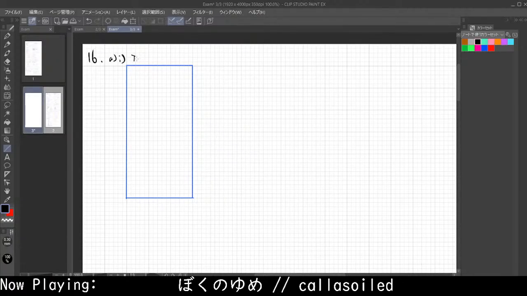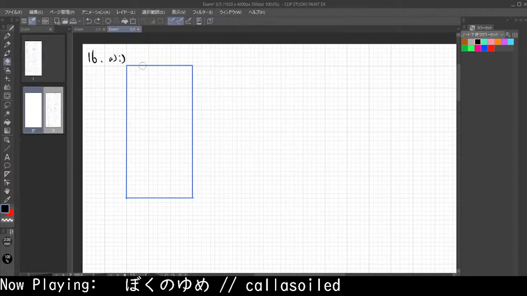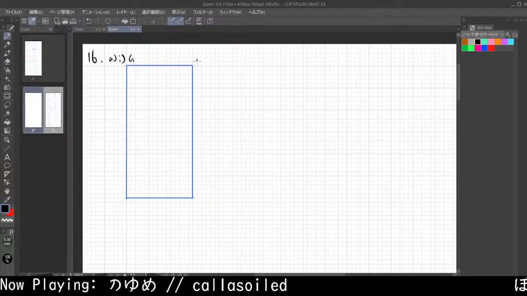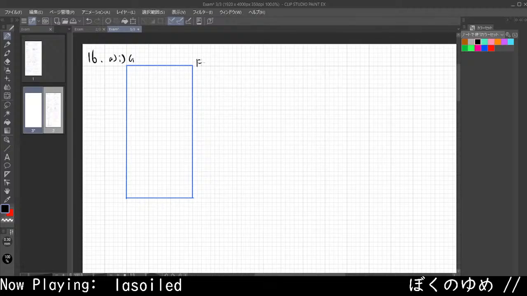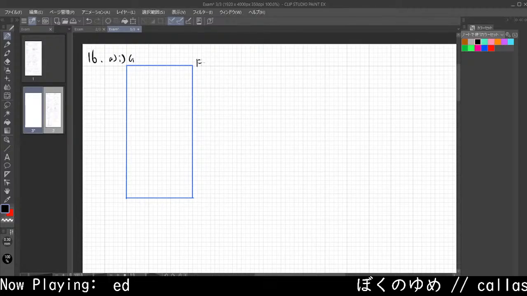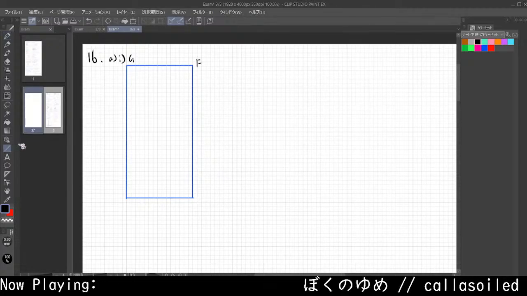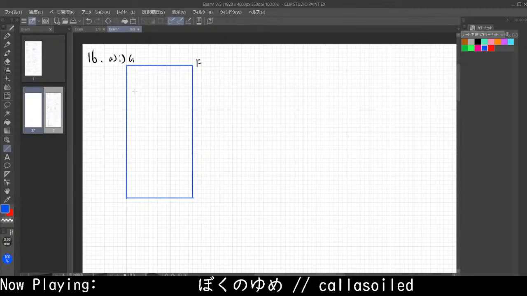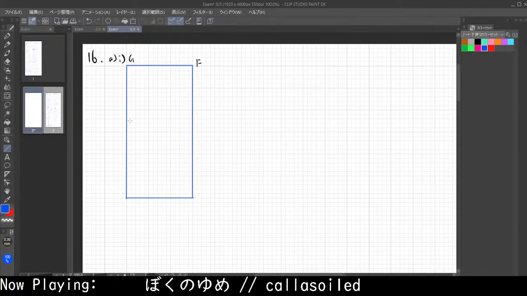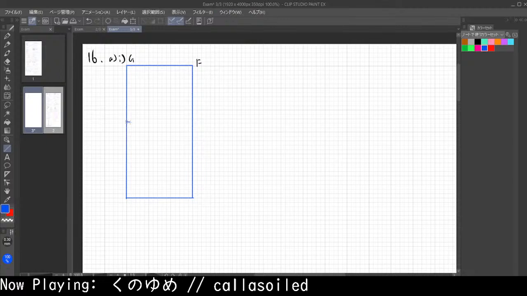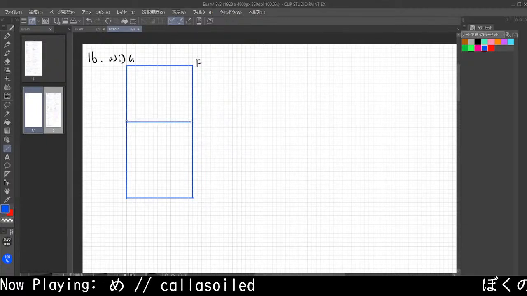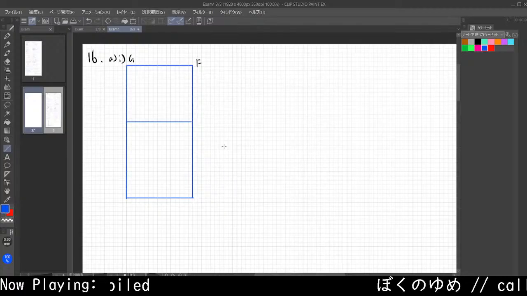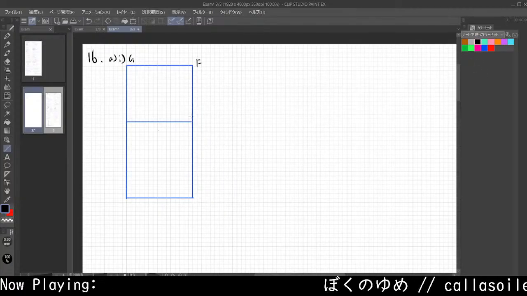This point, freehand, will be GF, and then we label NE as well. That would be a 5 cm gap from the top. In this case one box is 2 cm, so 5 cm is about here. You use your ruler in real life. So the line will go here.